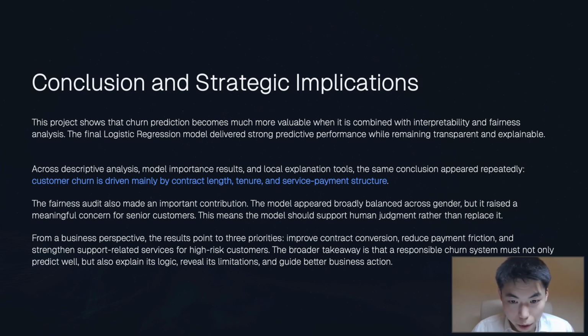So this model should be used with human review to reduce churn. The company should focus on improving contract conversion, reducing payment friction, and strengthening the support service for high-risk customers. Overall, this is not just a prediction model, it's a responsible and more useful decision support tool.